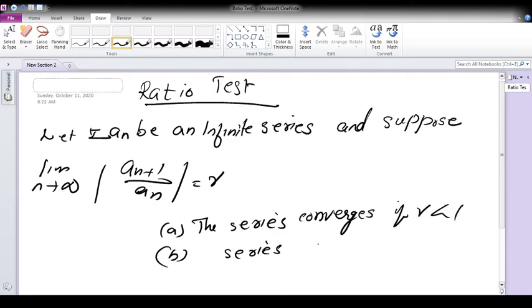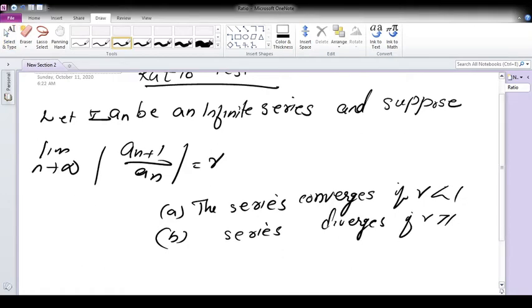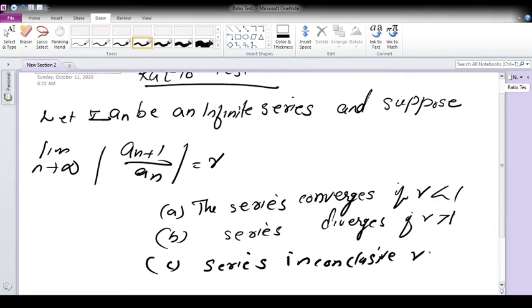The series diverges if r is greater than 1. The series is inconclusive if r equals 1. We can't say convergent or divergent in the case of r equal to 1.